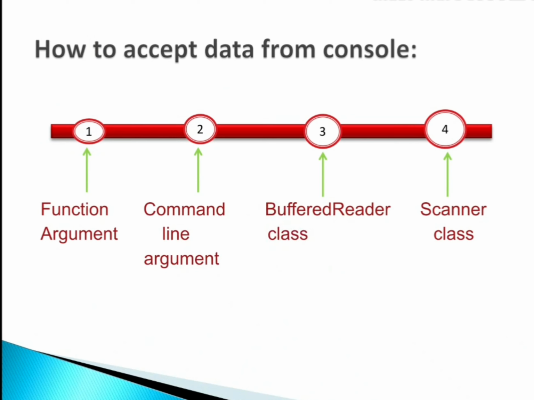All four of them allow us to accept data from the keyboard. Function argument basically accepts data from a function. Command line argument also accepts data from functions, but in array format. BufferedReader takes the help of a buffer so that communication will be easier.